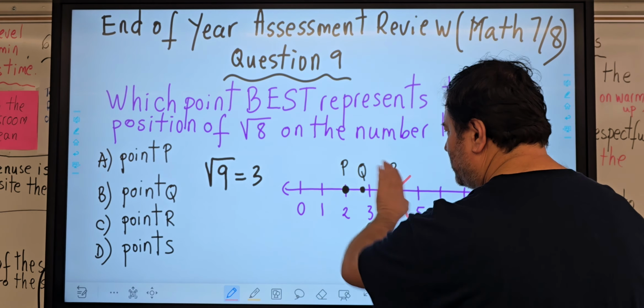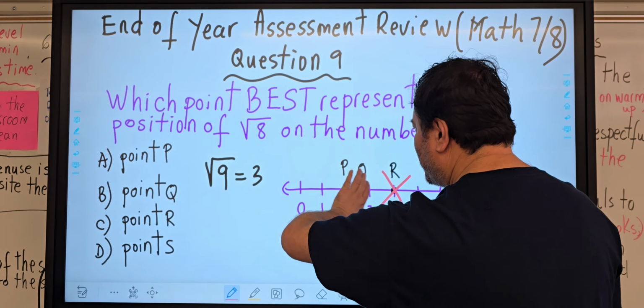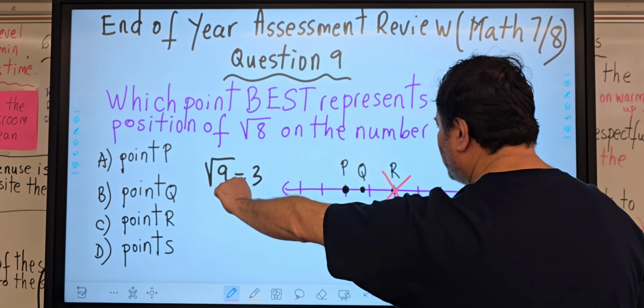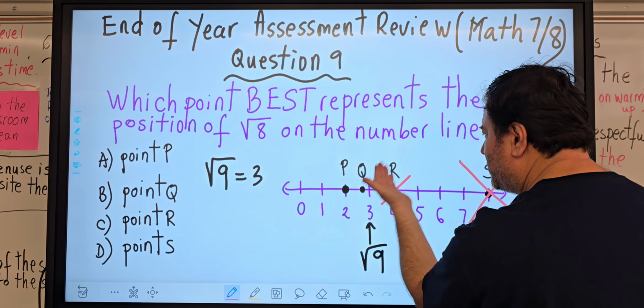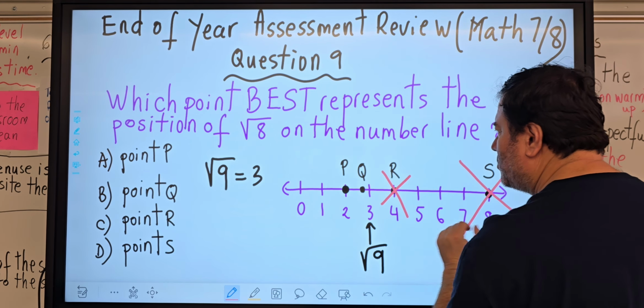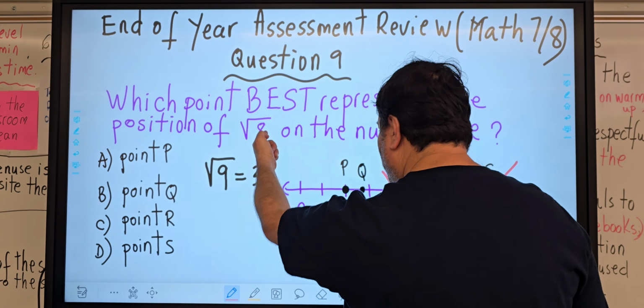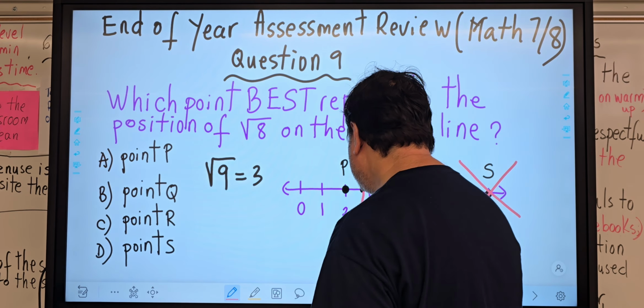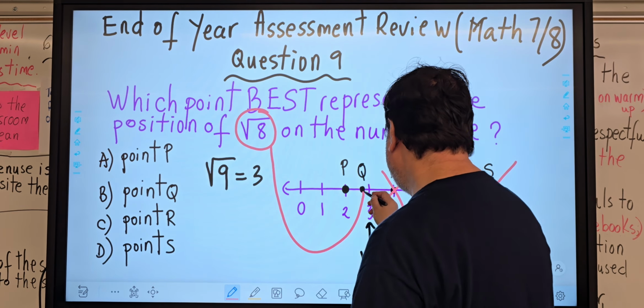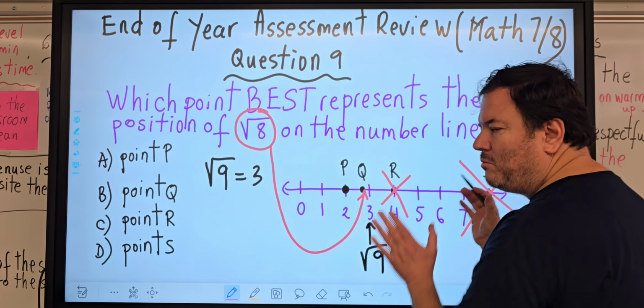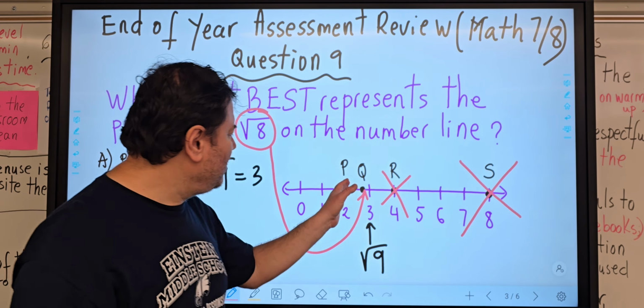P is a little bit more to the left right there. Okay? And actually Q is the point that is very close to 3, and that will be most likely square root of 8. So square root of 8 is most likely going to be Q.